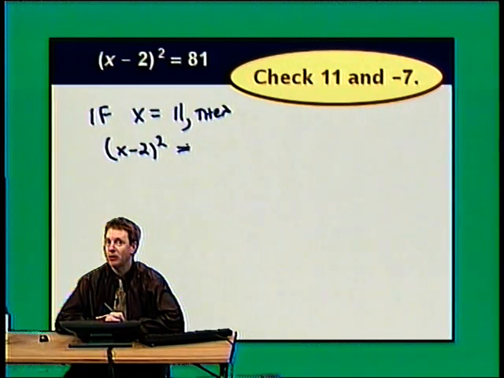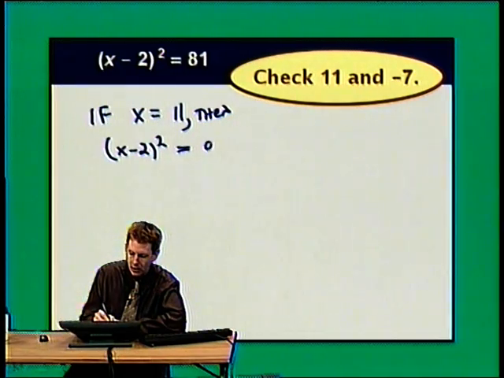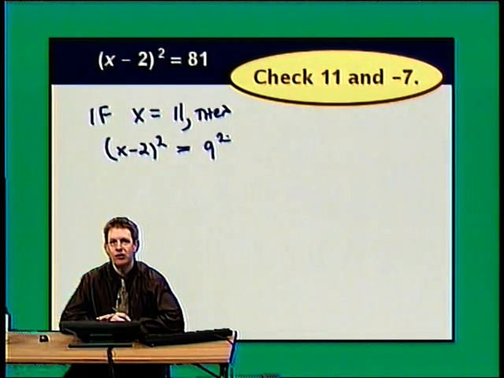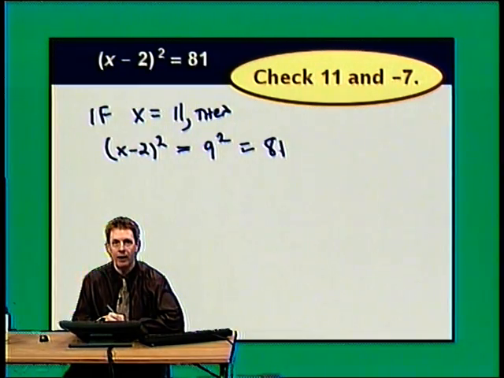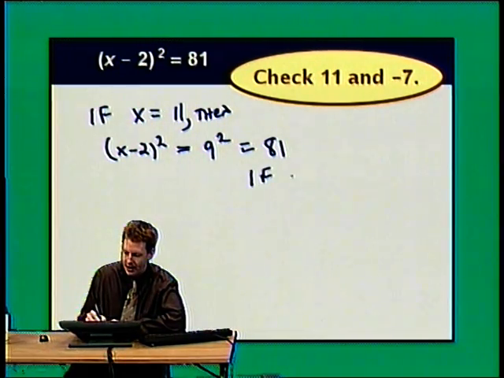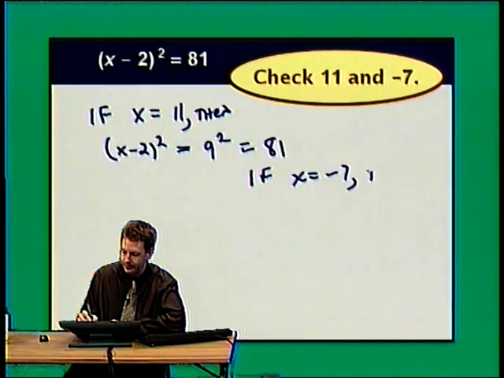If x equals 11, then inside the parentheses I'm going to have 11 minus 2, which is 9. So (x minus 2) squared is 9 squared, which really is 81. How about if x equals negative 7?